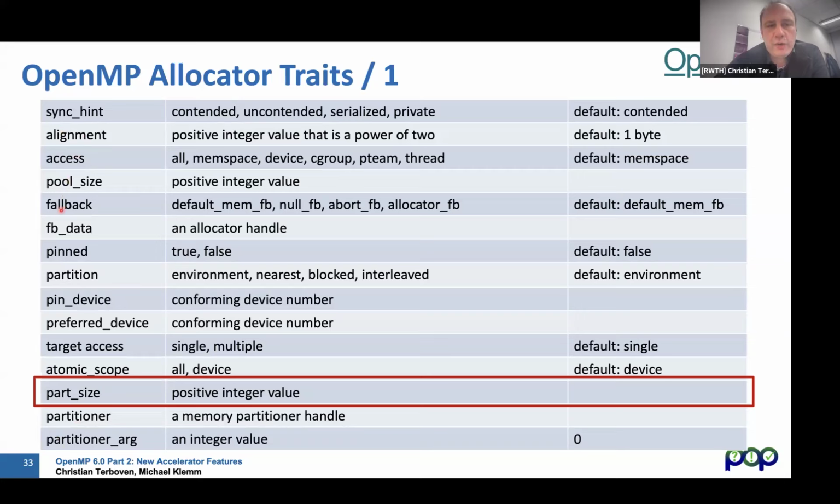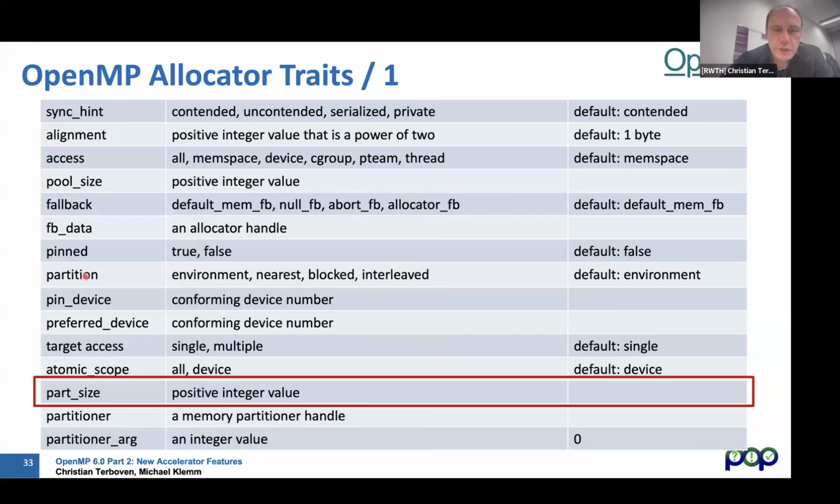We can specify a fallback: what happens if an allocation fails? Return null, abort, use a different allocator, or just use a default memory. We can ask for pinned memory, which is very important if we care about performance in the offload in some use cases, and so forth.